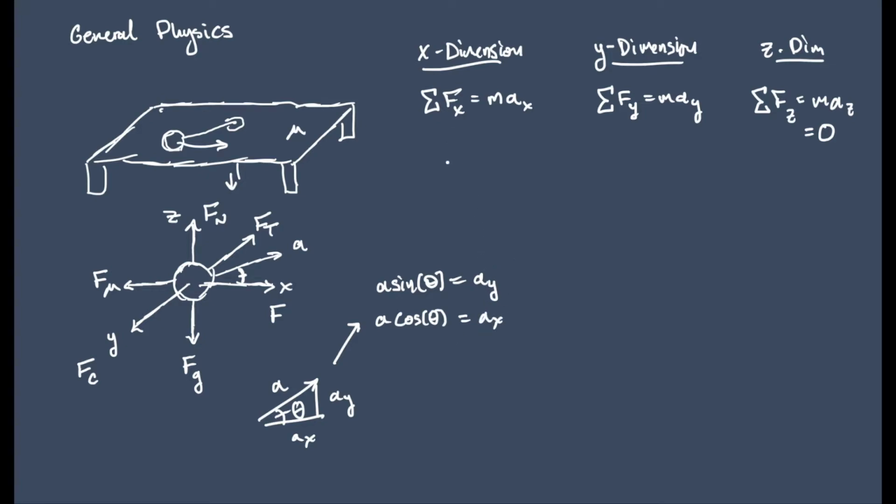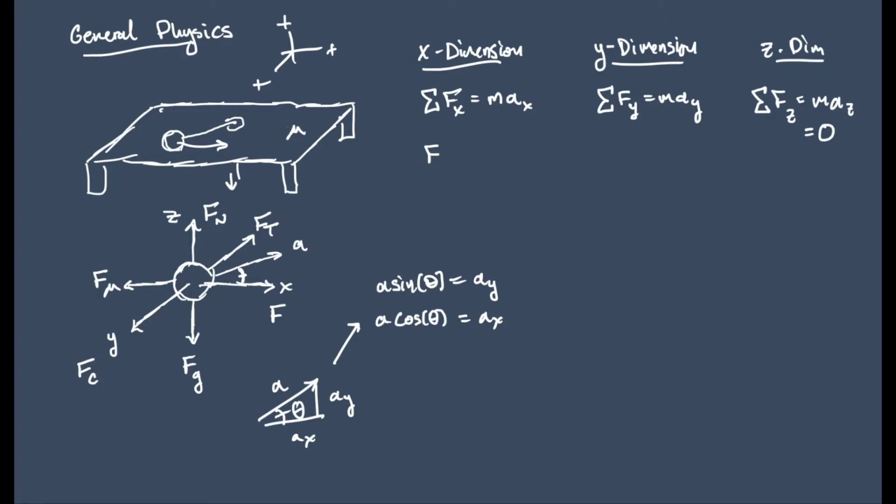So we can begin to plug some things in here, where we have the sum of the forces in the x direction. We have this force that's in the positive direction. I'll say in my coordinate axis this is positive, and this is positive.